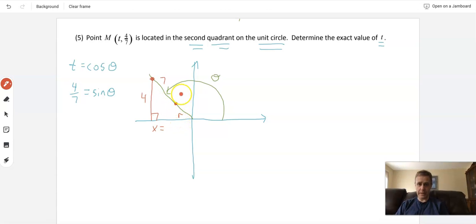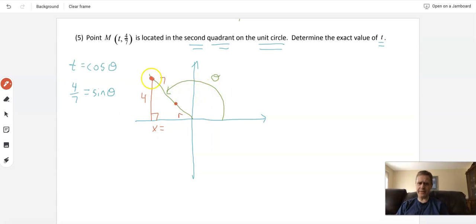But I didn't want to label this as point M because technically this would not be the point M. M is on the unit circle. And so if this was point M, I claim that this hypotenuse would not have value of 7. It would have to have a value of 1 because the hypotenuse is the same thing as the radius of the unit circle that goes to that particular point.